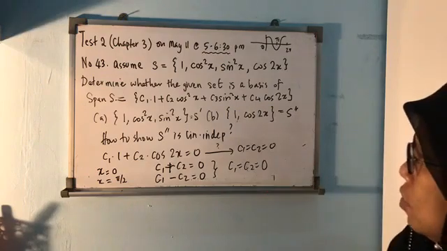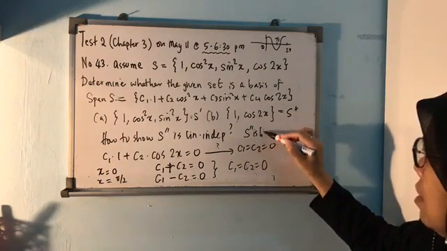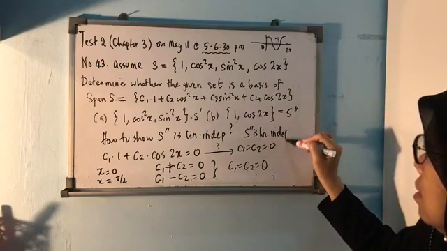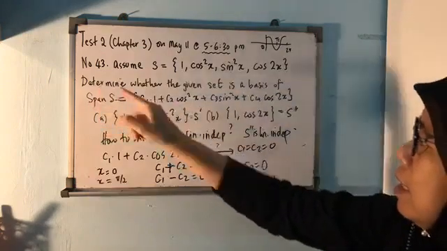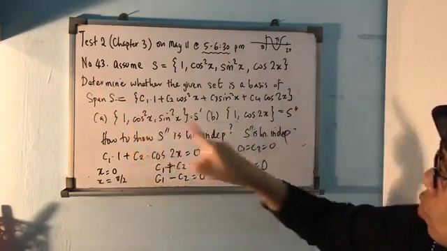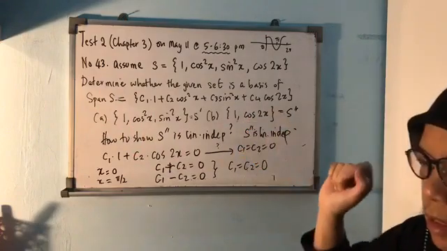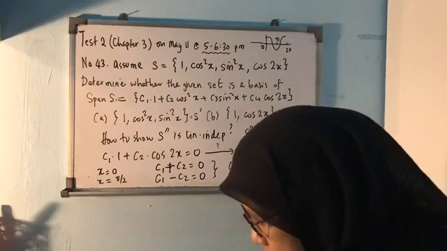Okay, so S double prime is linearly independent. Since it's linearly independent and it spans S, it is a basis. So the answer for this is no, the answer for this is yes. Okay, right?